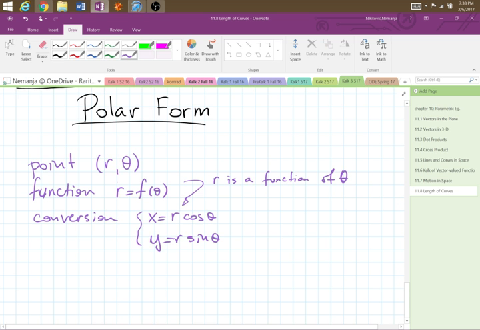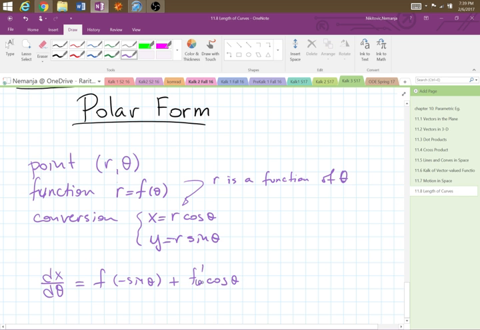So now, if I want to find dx d theta, I will have to work out the product rule. We can call this f, right? So f times the derivative of the second, which is negative sine theta, plus f prime times cosine theta.